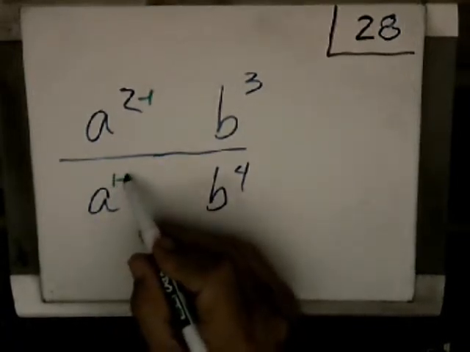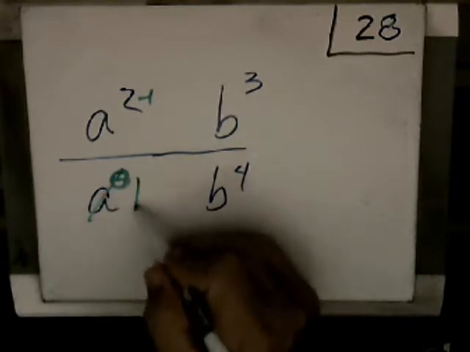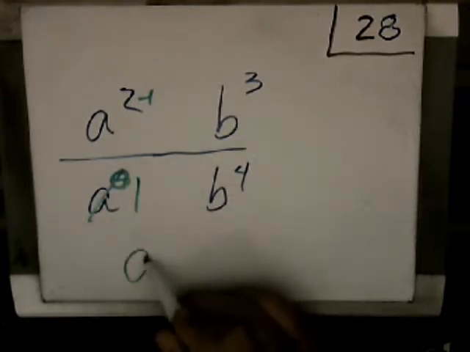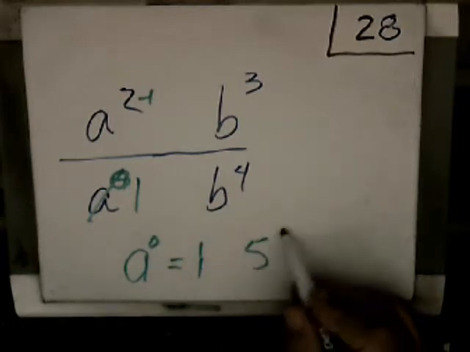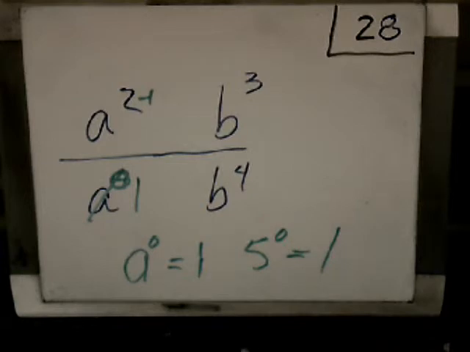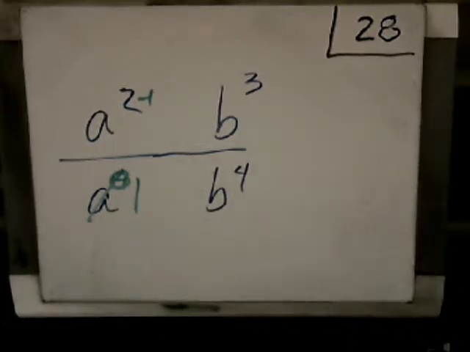Well, 1 take away 1 leaves me 0 A's. Anything to the 0 is just a 1. A to the 0 equals 1. 5 to the 0 equals 1. So it doesn't matter what value A is. If it's to the 0 power, it equals 1. You need to remember that.